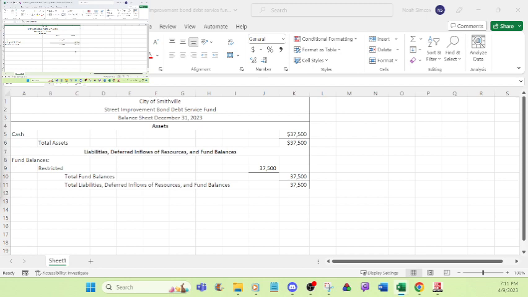So it literally is correct. I'm not even going to change it. I just can't be bothered. It's technically correct. I could just simplify it down to cash and then fund balance and that's it. But nope. Not going to do it.